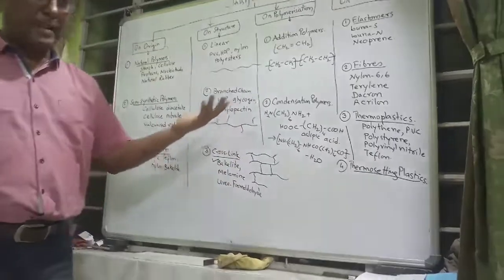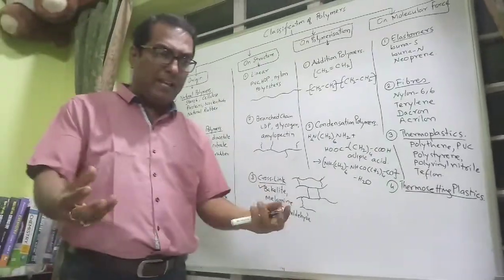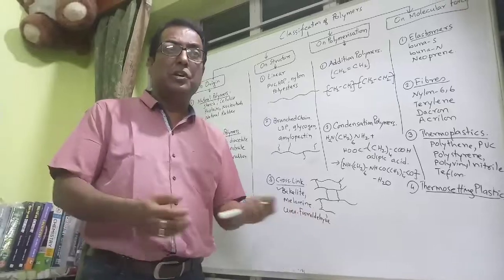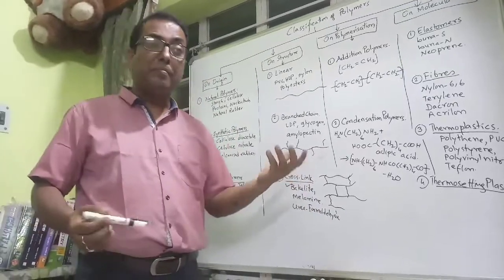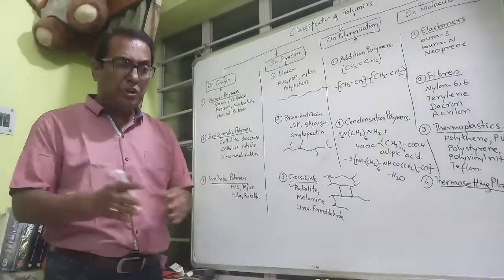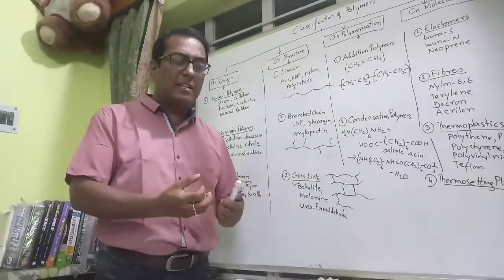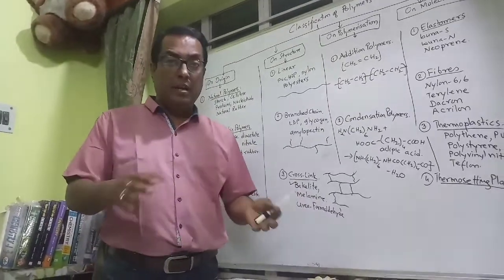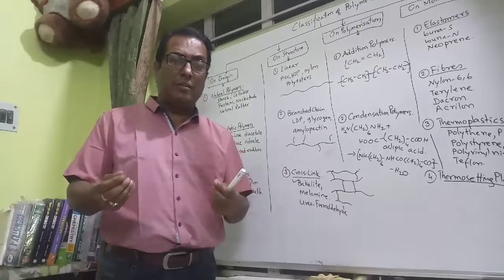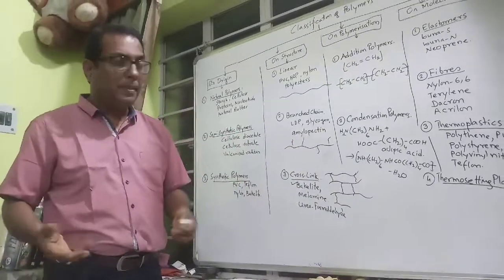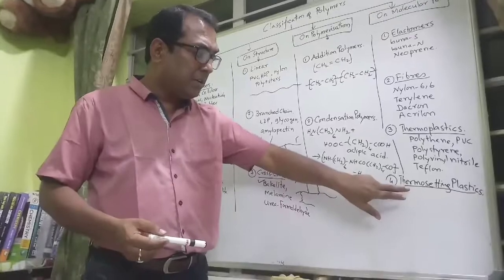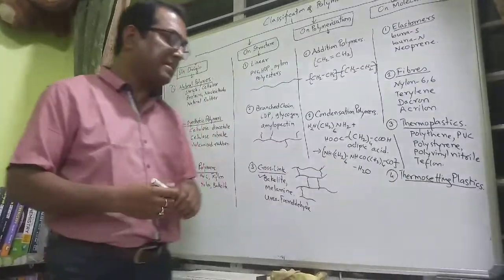Many people who buy plastic materials make a choice. They take plastic material which can be molded. They won't take plastic material which cannot be molded. This non-molding kind is the thermosetting plastics.